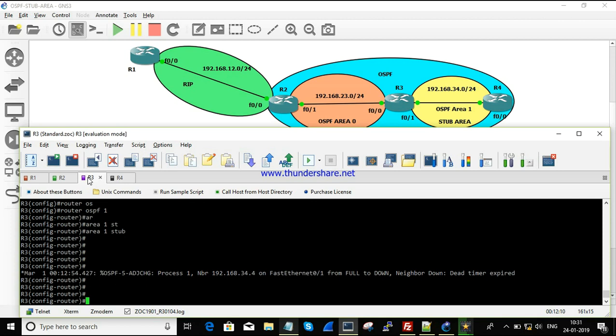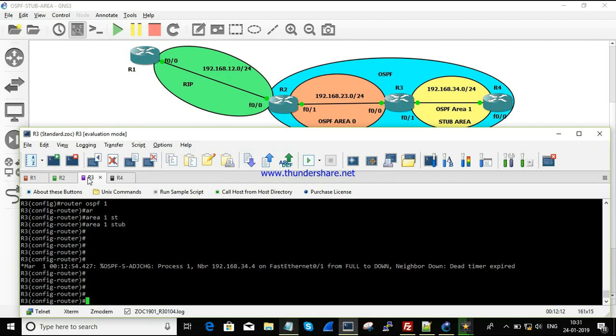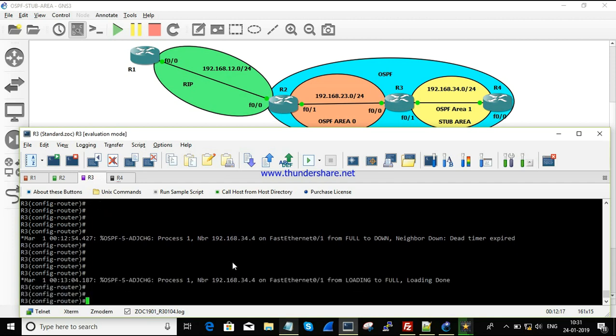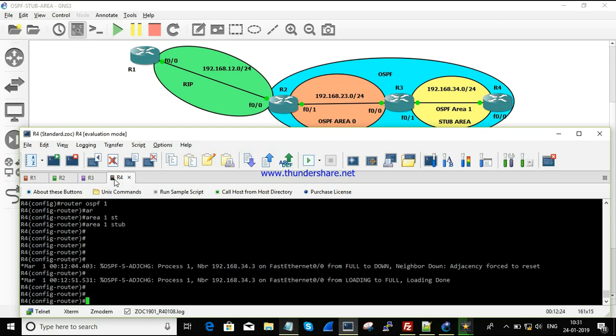Now it has to form neighborship. Yeah, it's done. You can see the message as loading to full, which indicates it has moved on to the full state. Okay, so no issues. Now we need to check the routing table.